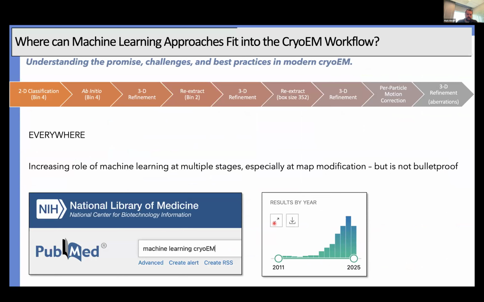And I would say everywhere is the short answer to this because, as you can see, just by going into PubMed and looking up machine learning cryo-EM, we're at an exponential increase in recent years of what machine learning is doing for cryo-EM, ranging all the way from particle picking tools, even data collection, sample screening, all the way down to the end stages where you're looking at map modifications. And that's more or less what I really want to focus on today in this workshop.